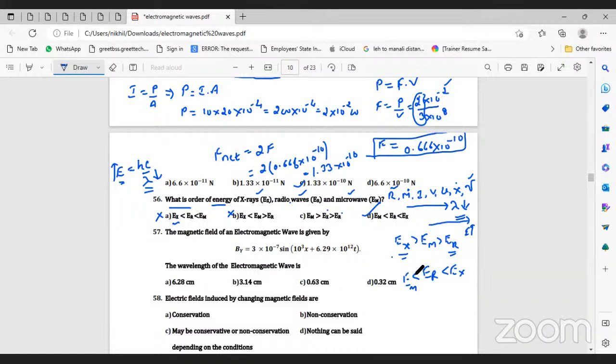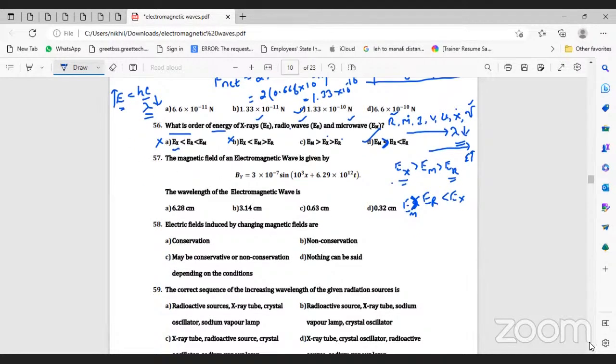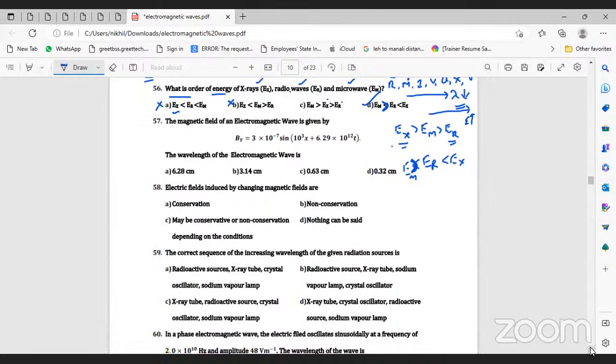Radio waves is less compared to electromagnetic. You can put it like this: microwaves has more wavelength. So either option C or option D has to be altered. Got it? Yeah.